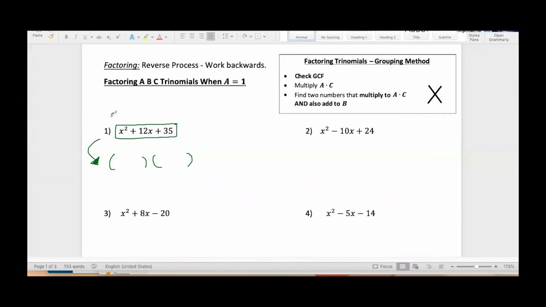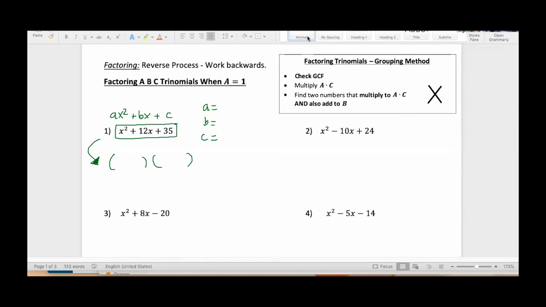So first I have a trinomial ax squared plus bx plus c. So we have the one with the power 2, we have the one with the x only, and then the one with no x at all. So a is the one with the power 2, b is the one with just the x, and c is by itself. So right here, let's go ahead and identify a, b, c. A is the number in front of x squared.